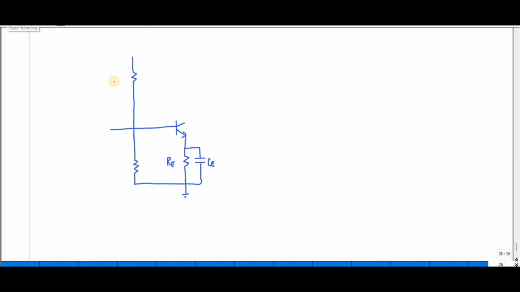R1, R2 and RE are your biasing resistances, and this is your common emitter stage.